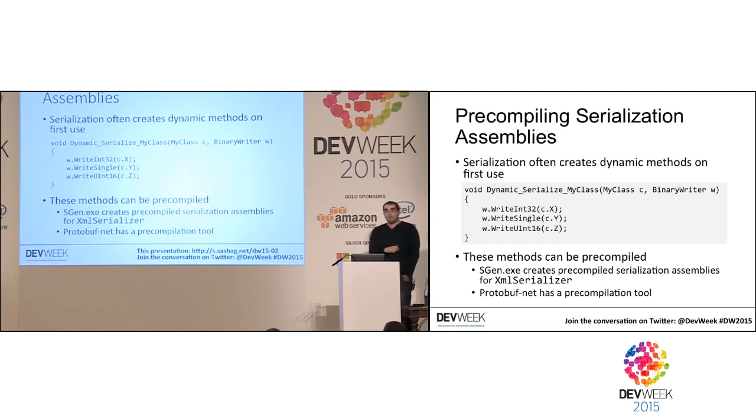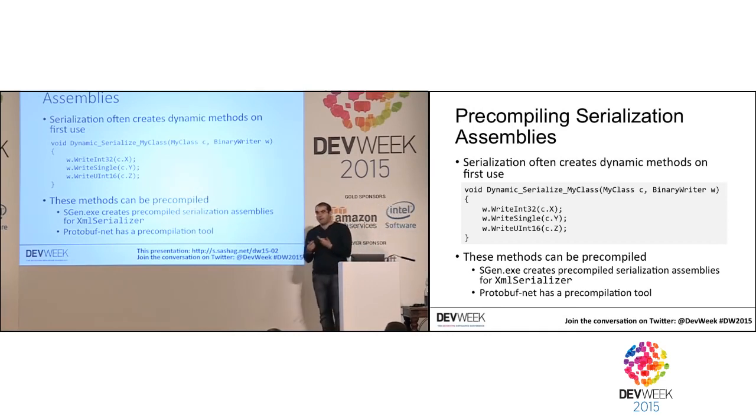Suppose the first time you serialize an instance of my class, your serialization framework has to emit a little dynamic method, which takes an instance of your class and a binary writer and spits out the different fields of your class into that binary writer. So it's not a lot of code, but it has to be emitted and then compiled at runtime. So it can take a few milliseconds and occasionally a lot more.